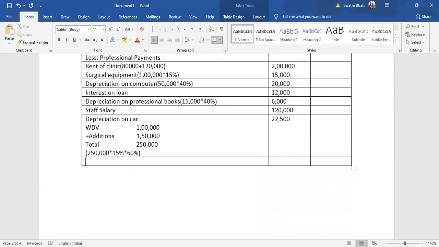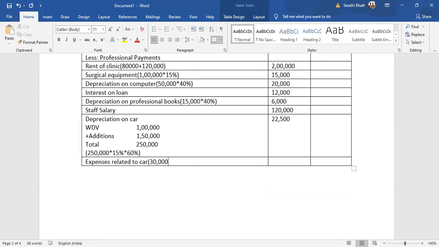The next thing that we have is expenses related to car. Again, the actual expense related to the car is 30,000. But how much are you using it for profession purpose? This expense of 30,000 is for the entire car. It includes the amount which you have used for private purpose also and for profession purpose.